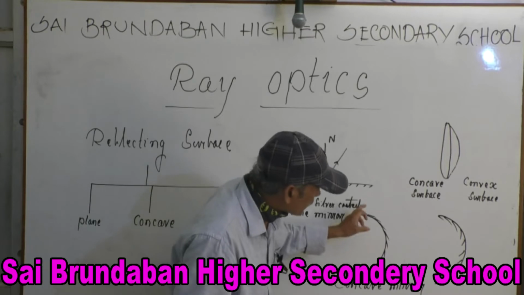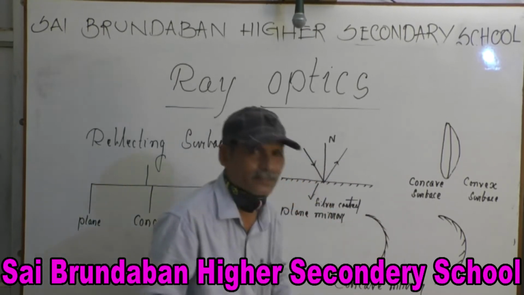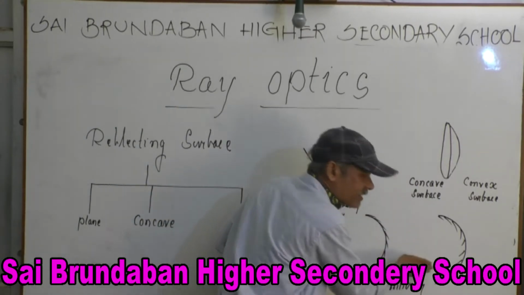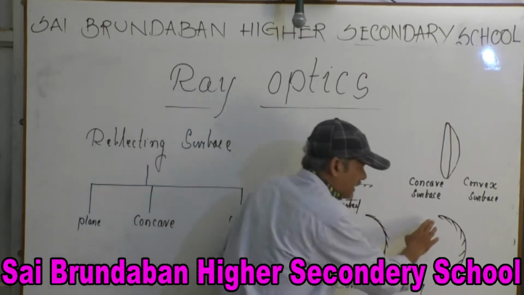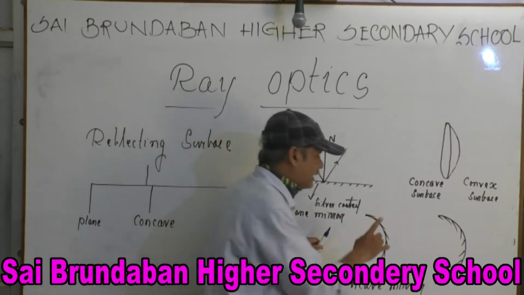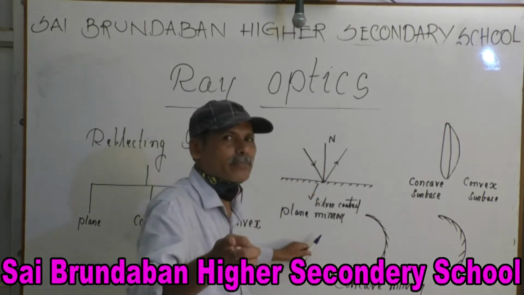Here the outer side, the bulging side is silver coated. Here the depressed side, the concave side, is silver coated. That means in this case the concave side is the reflecting surface.